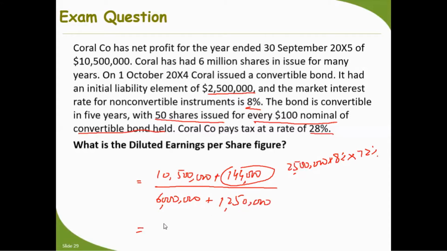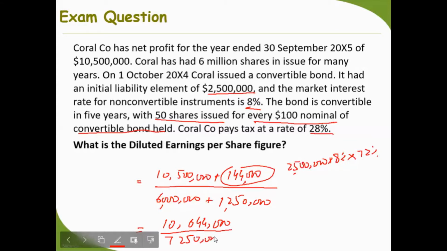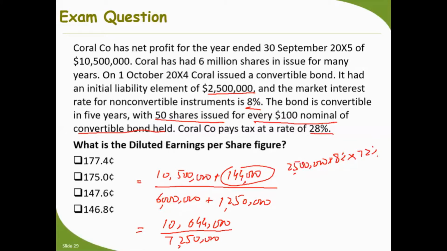Now, your numerator is 10.5 million plus 0.144 million, which is equal to 10.644 million, divided by 7.25 million, which is equal to 146.8 cents.